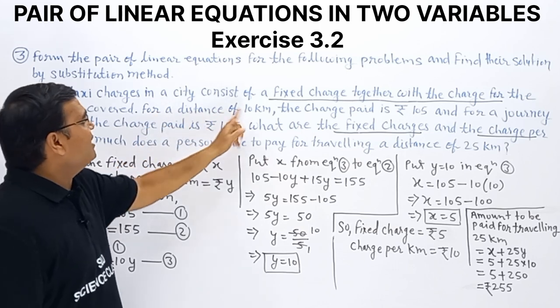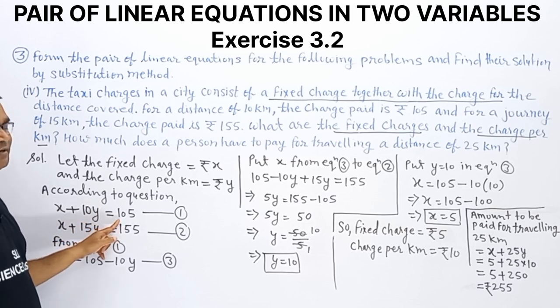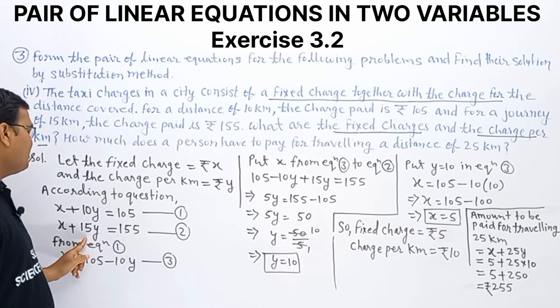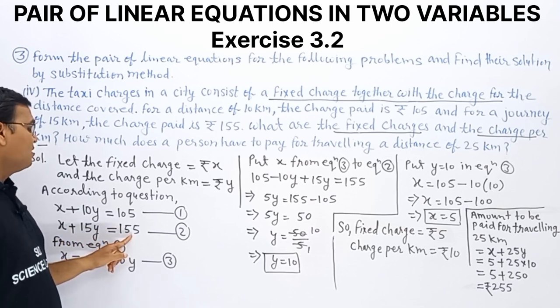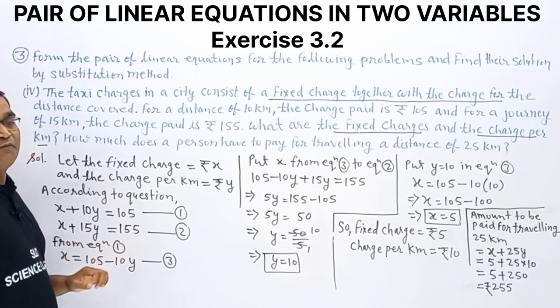For a distance of 10 kilometers, fixed charge plus 10y, x plus 10y equal to 105 rupees, as given in the question. And for 15 kilometers, x plus 15y equal to 155 rupees. Clear? These are the two linear equations.